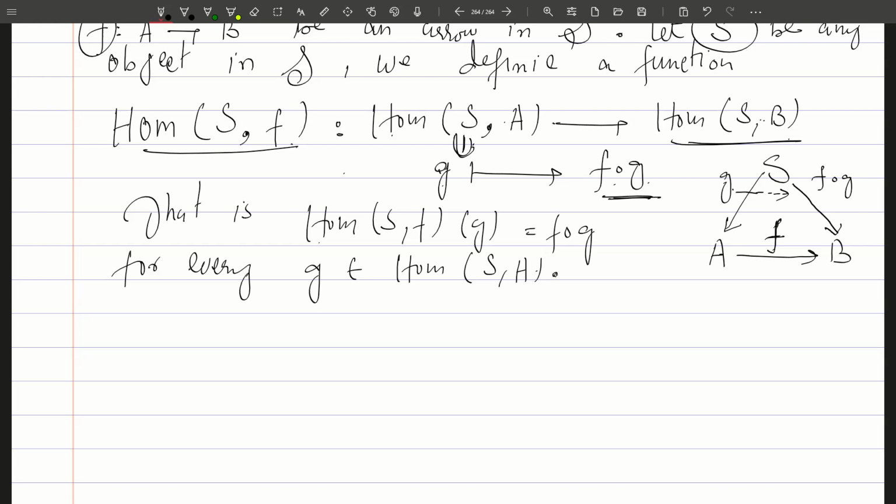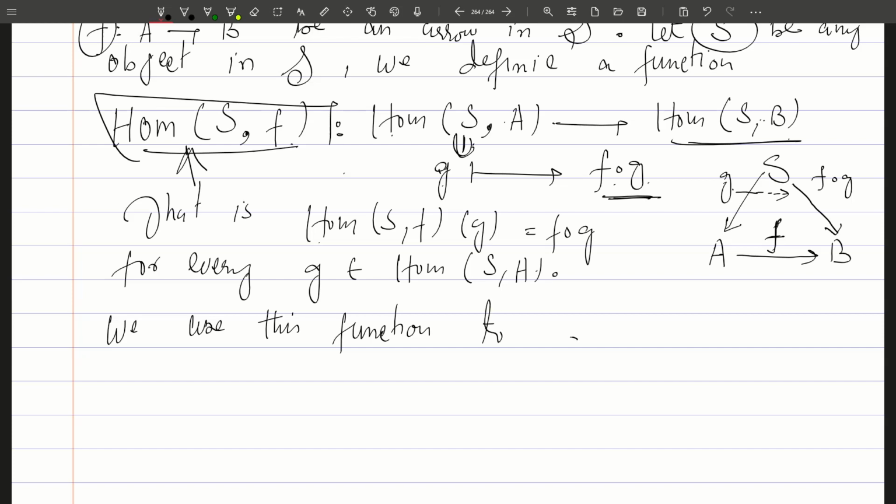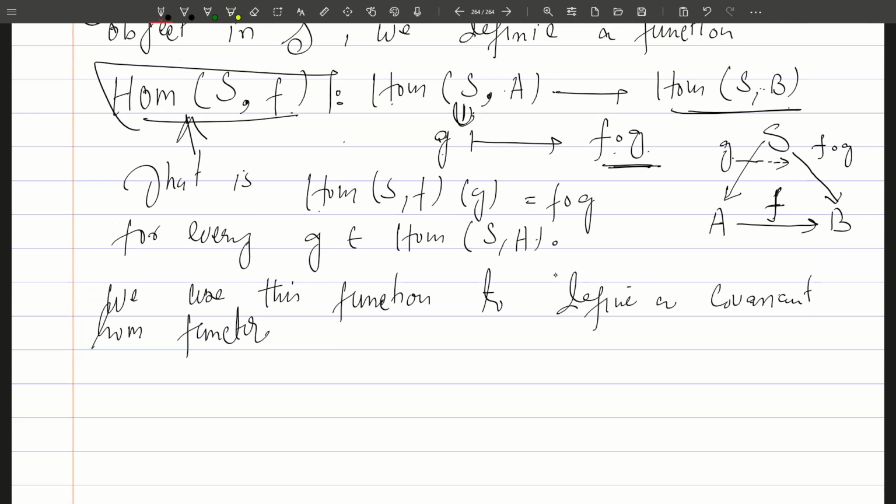Now we use this function to define a covariant Hom functor. This Hom functor is defined like this.